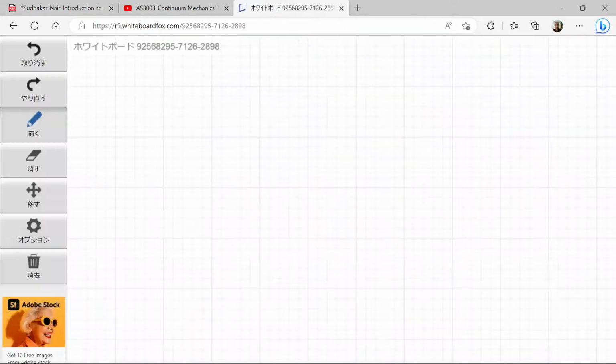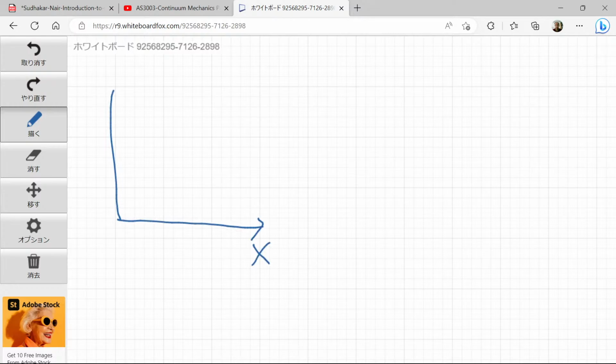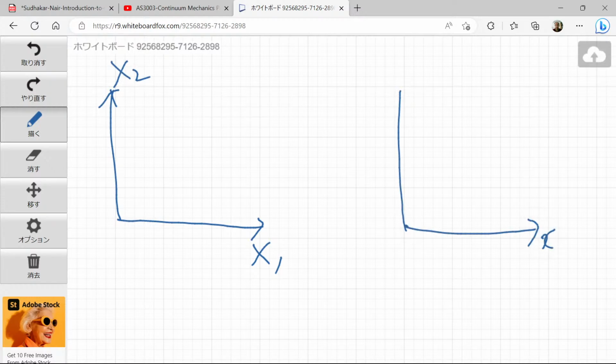You have spatial, this is material, this is material space. Then you have spatial, actually material coordinate and spatial coordinate, right?